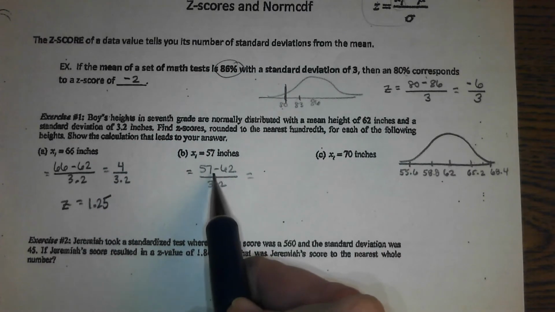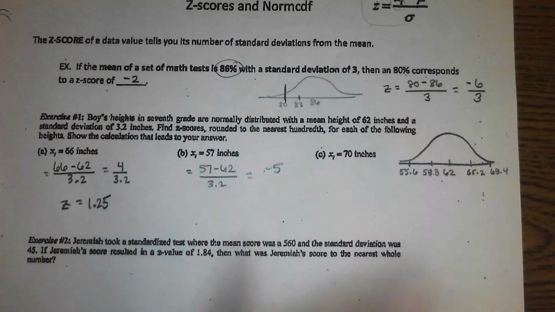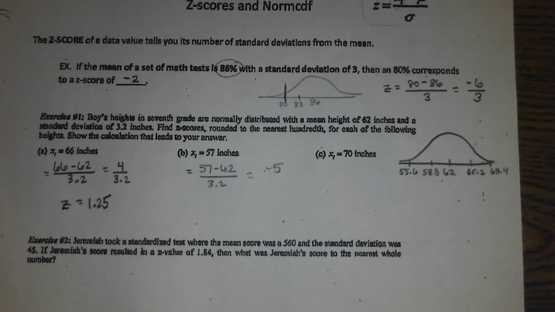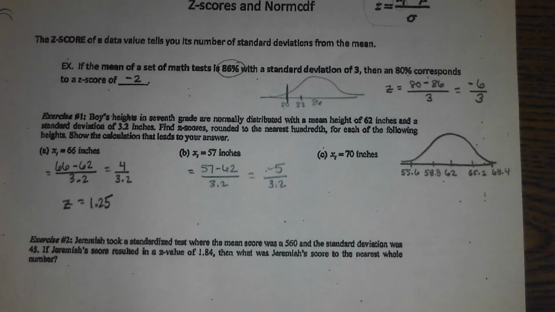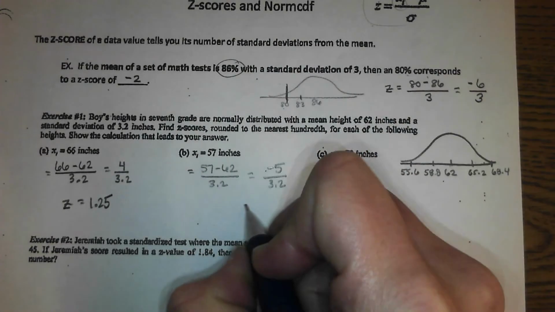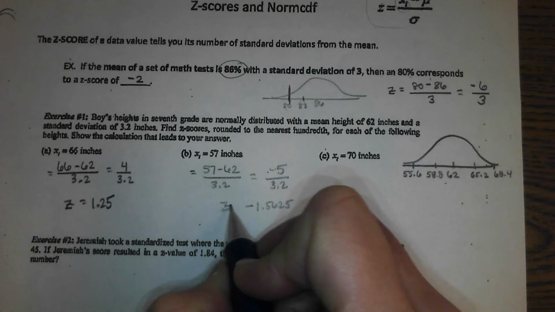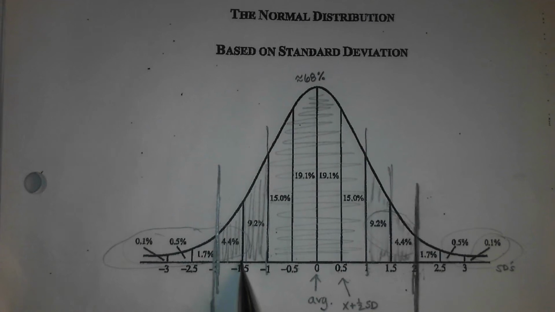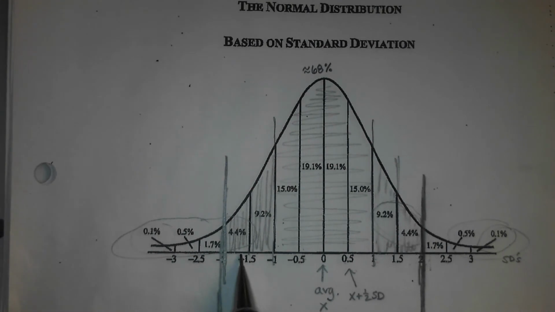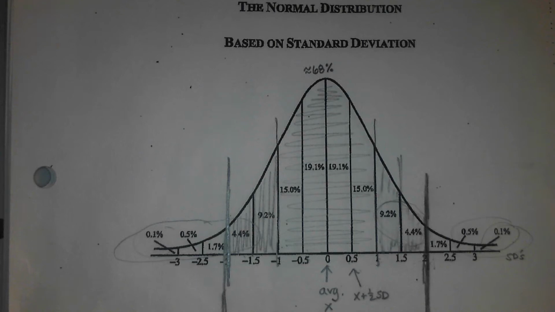That numerator tells us that our score physically is 5 inches below the average. Divide by 3.2, negative 1.5625 would be our z-score. And again, on our chart from yesterday, negative 1.5 point something would put you over here somewhere, and it doesn't really give us the specifics of the percentages below that.